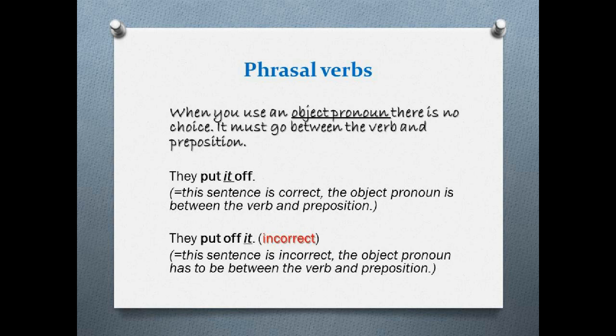It has to go in the middle. So we can say they put it off, but we can't say they put off it. And yet we can say they put the meeting off and they put off the meeting. So if you use the object, the actual name, it can go in the middle or at the end, but an object pronoun only in the middle.